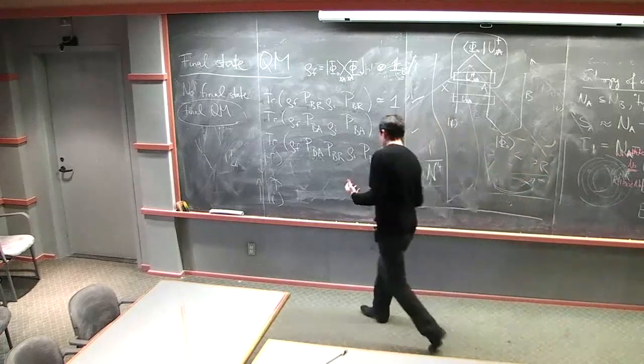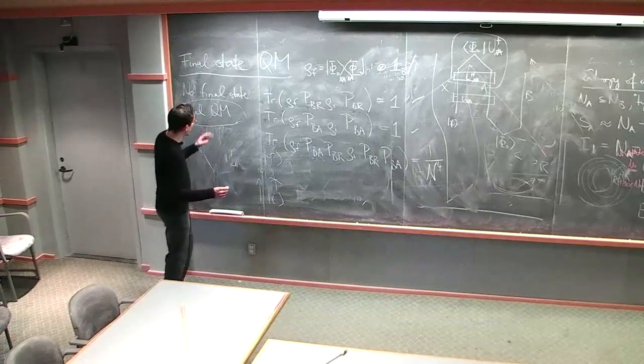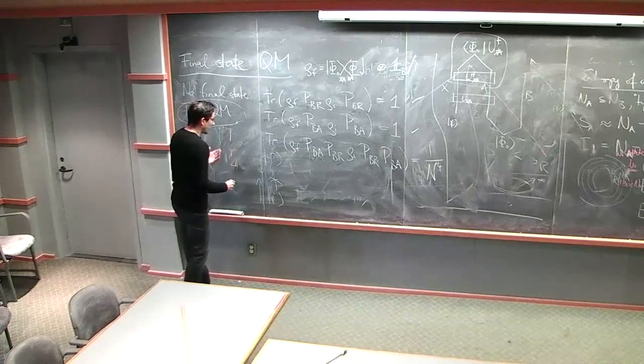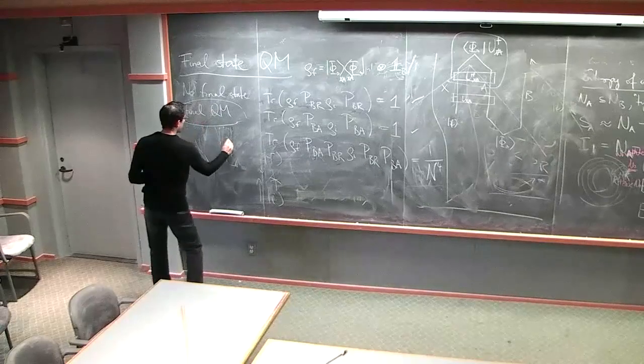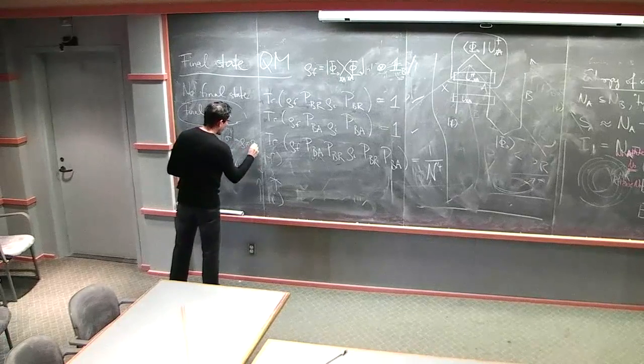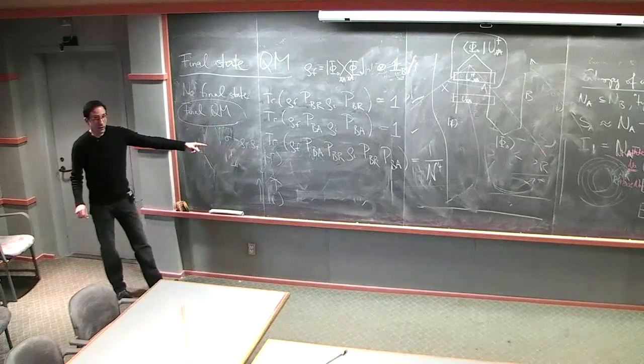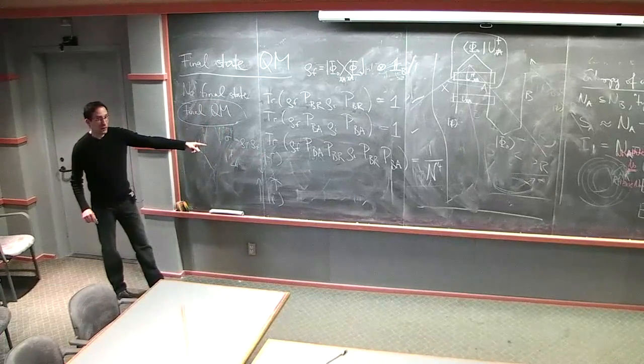Here, if we're in the process of modifying quantum mechanics, here's another crazy thing you could try to do. You could define some object sigma, which you could actually construct from your initial and final state in the following way. This is not a density matrix. This will not in general be self-adjoint.